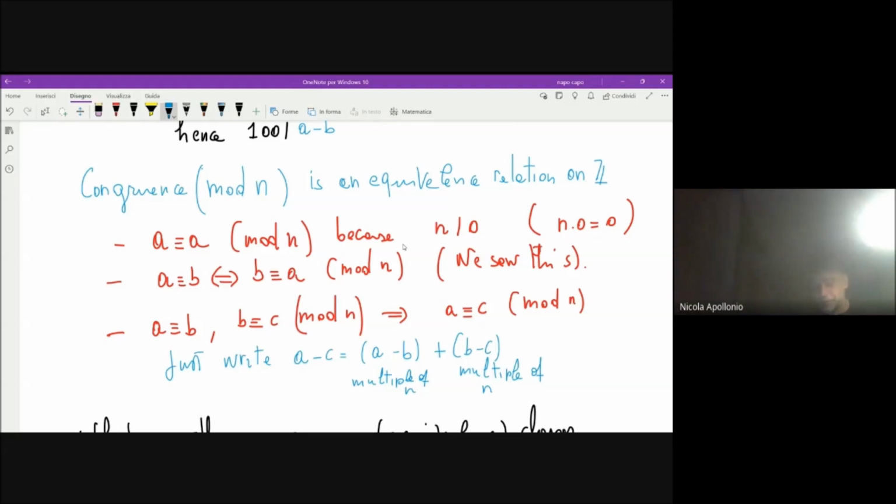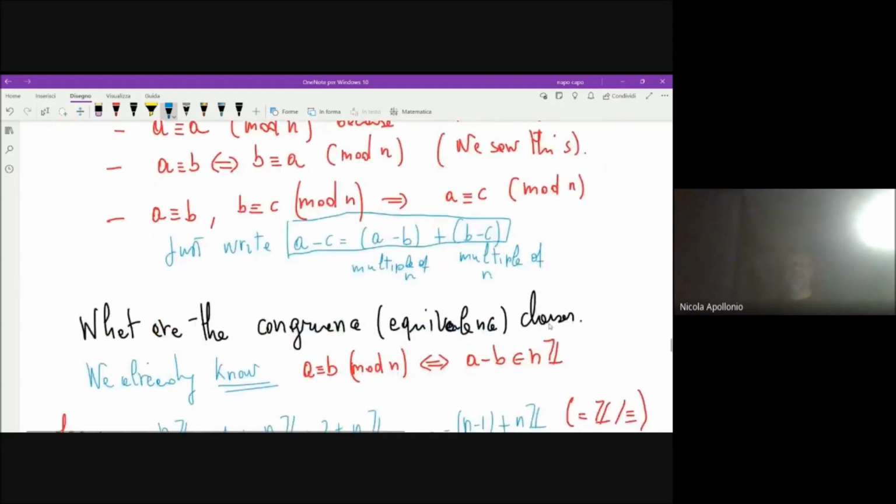How to see this? Just use this obvious trick. Write A minus C as A minus B plus B minus C. And observe that on the right hand side there are only multiples of n, therefore their sum is a multiple of n.